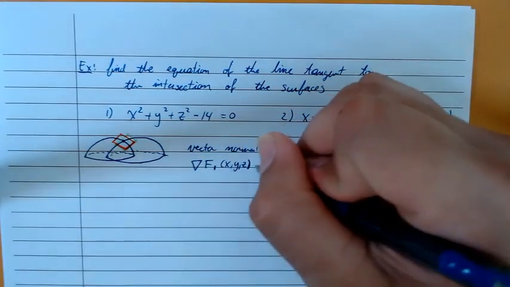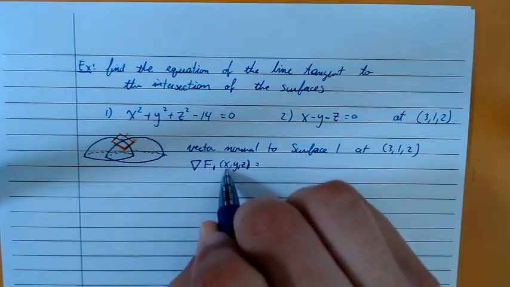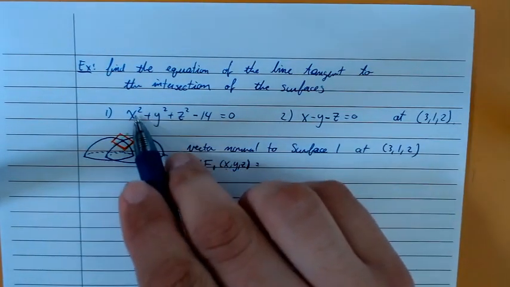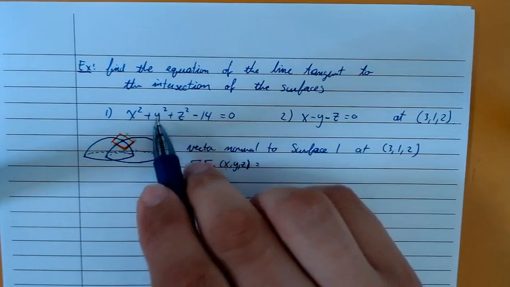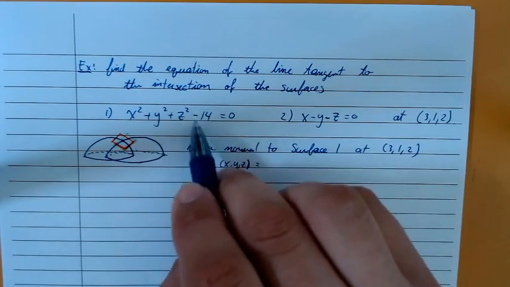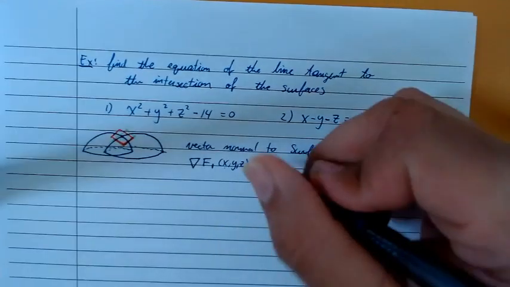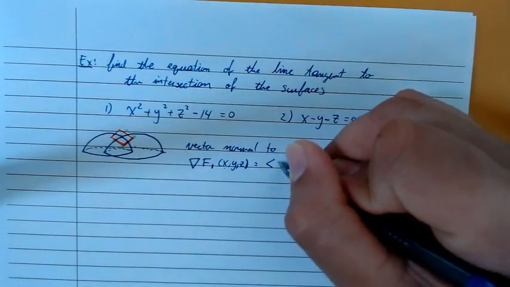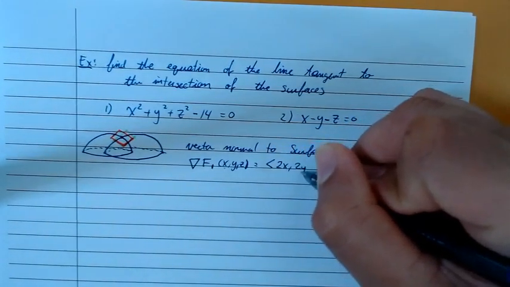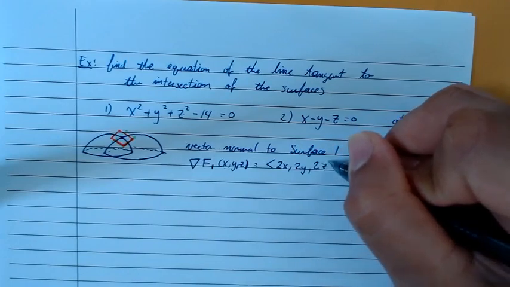All right, so gradient of F1 at x, y, z, well, that's going to be 2x, 2y, 2z. This one's a constant with respect to all variables. So here the gradient is simply 2x, 2y, 2z.